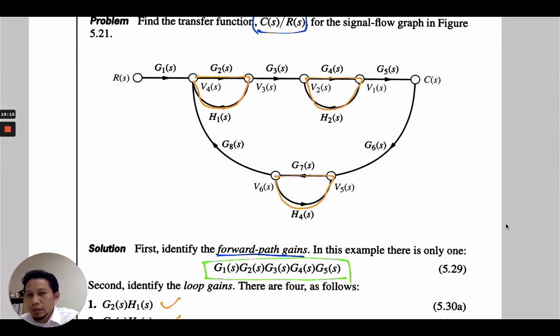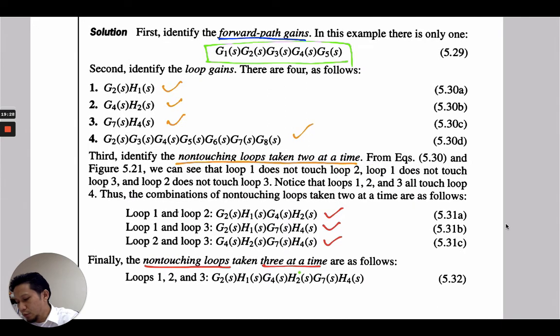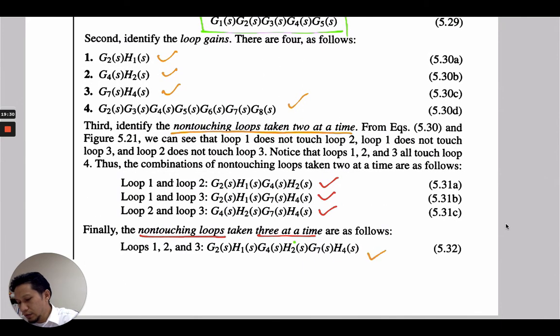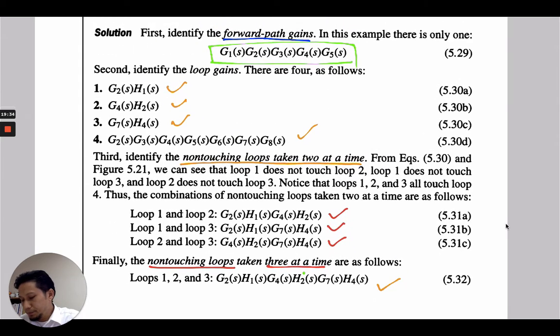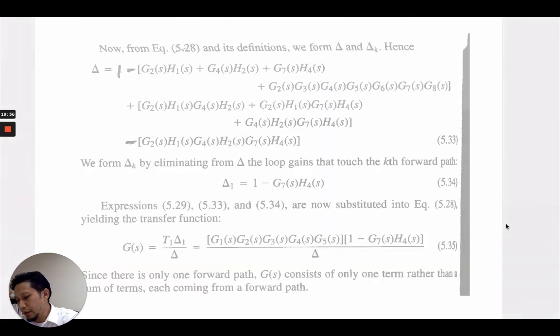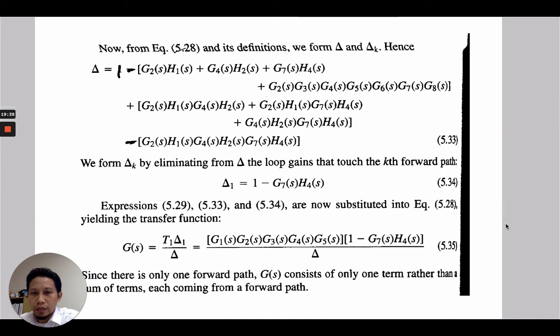All these 3 loops do not touch each other. So we only have 1 set over here: loop 1, loop 2 and loop 3. Now we have found all the loops.